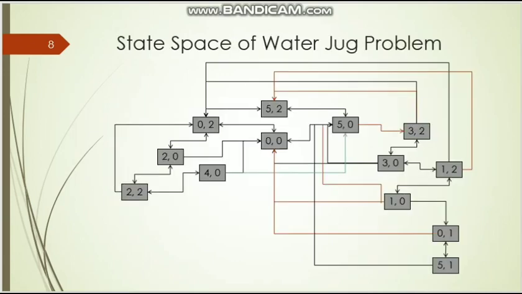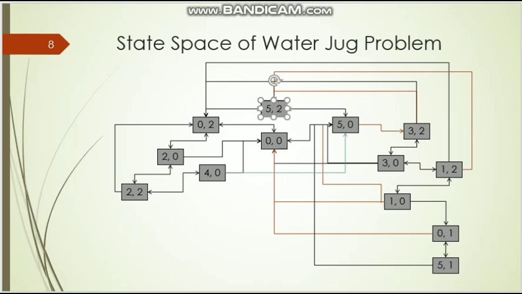Now, considering this part, the state space of the water jug problem is very important to draw. This is the initial state and this is the goal state. So how can we obtain such a solution, that is 0,1 or any number, comma 1?